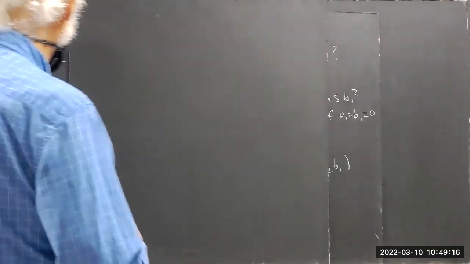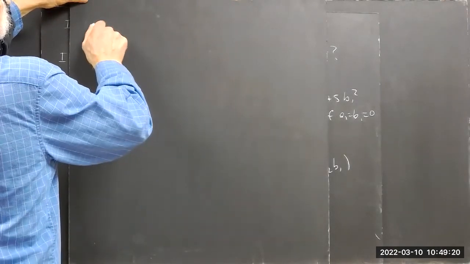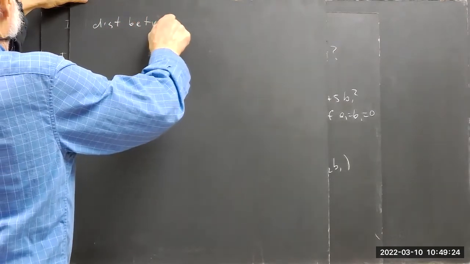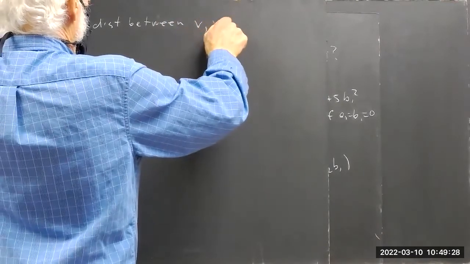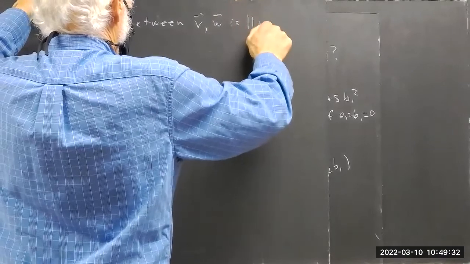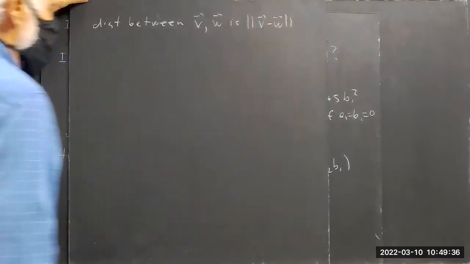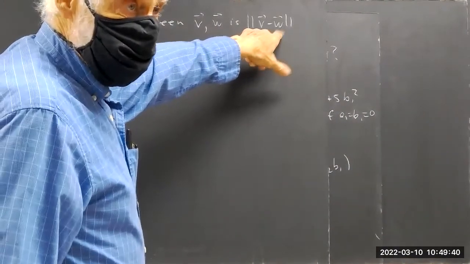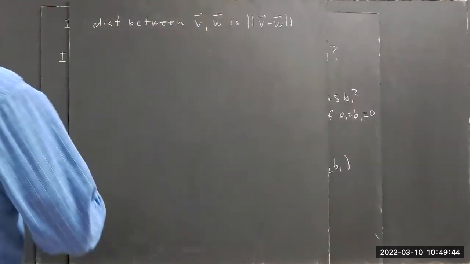So I'll just mention this. This is between B and W is the magnitude of the difference. Now you've already seen that in the dot product, if you read carefully.